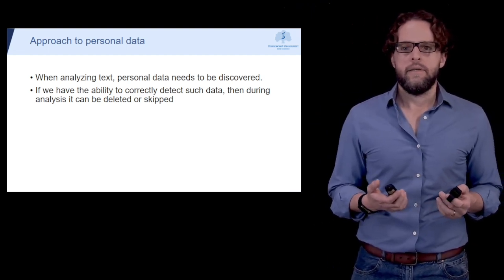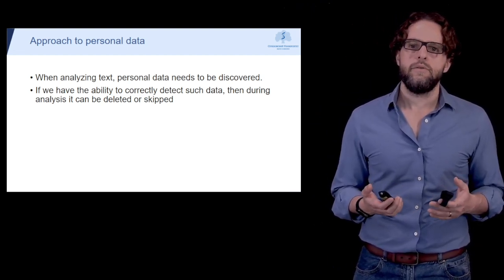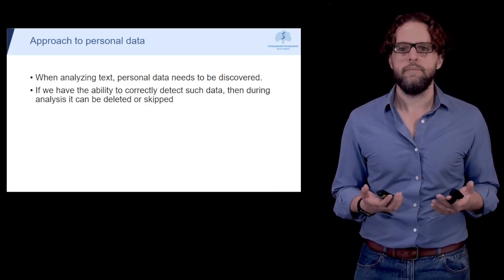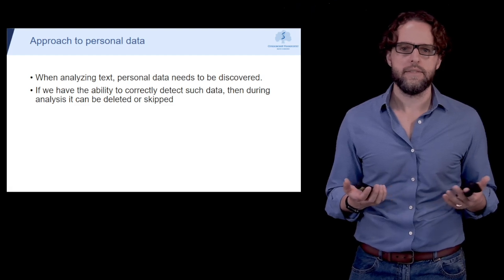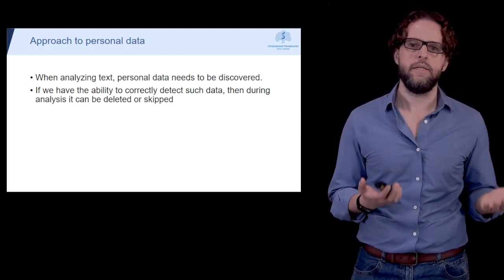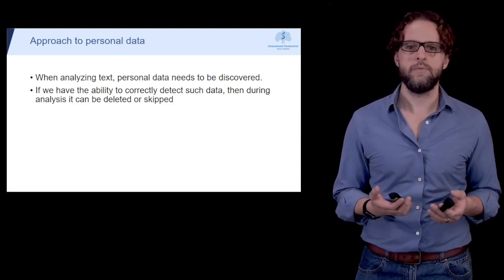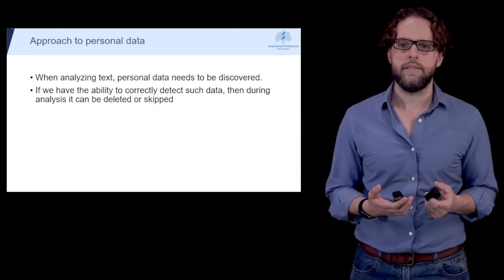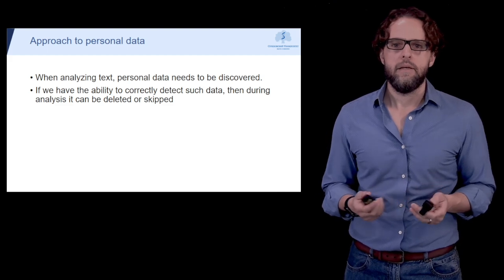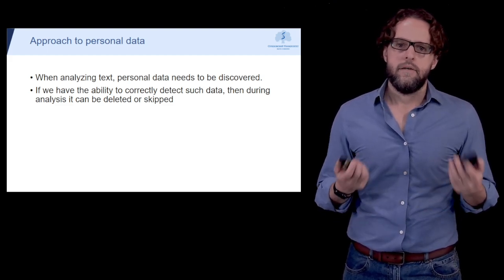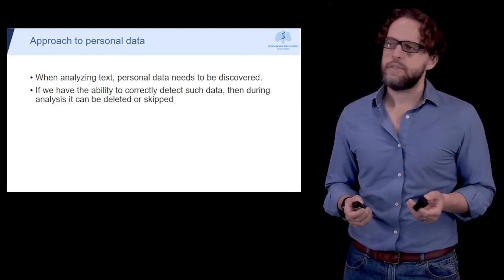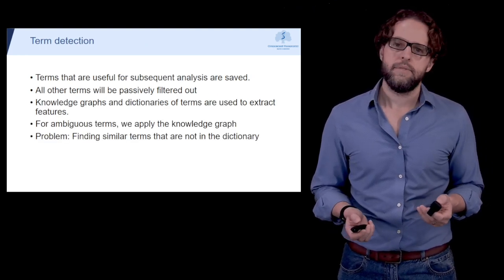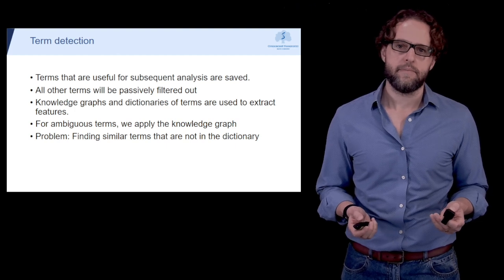And if we can do it with a certain level of certainty, we will be able to delete this information or alternate it for our purposes for future text mining and data analysis. And after that, we'll be able to extract certain remaining parameters from this text.